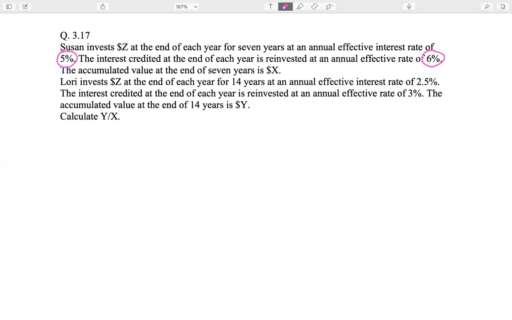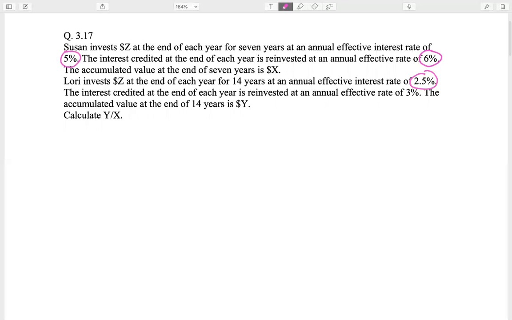Then there's another person, Lori. She invests the same amount, but for a longer period, 14 years. Her interest rate is much smaller, 2.5%. And the interest itself accumulates further interest at 3%.